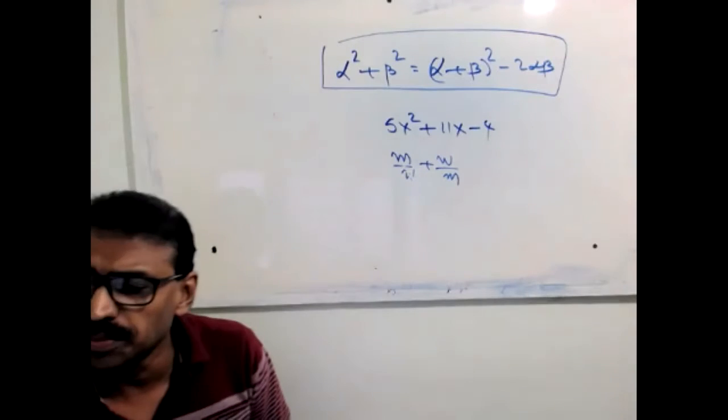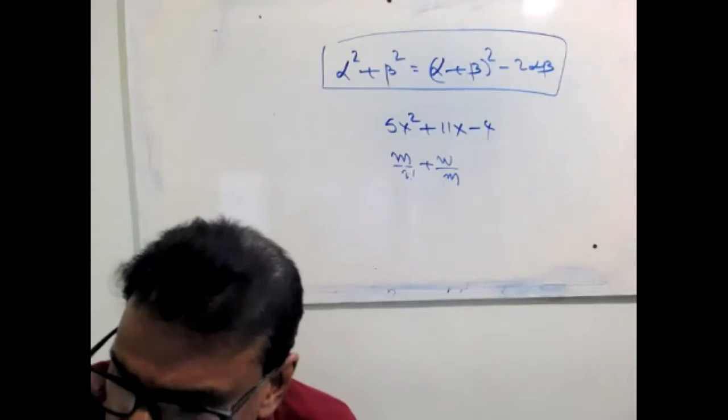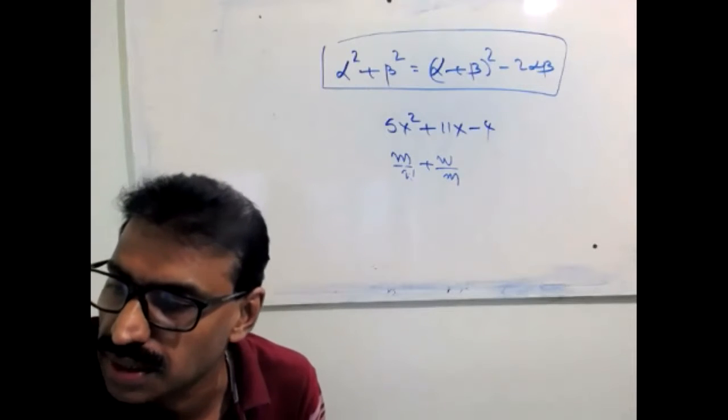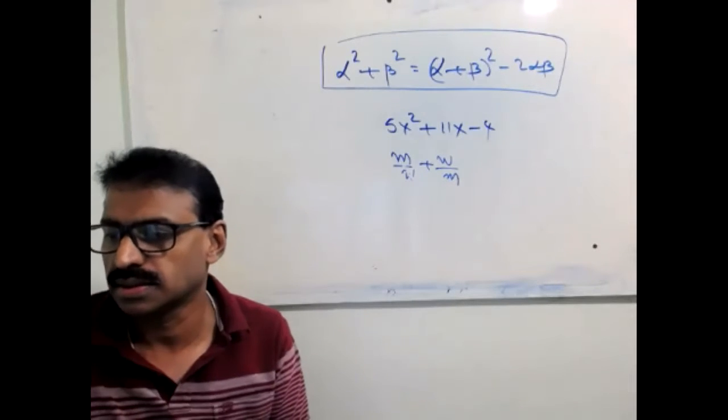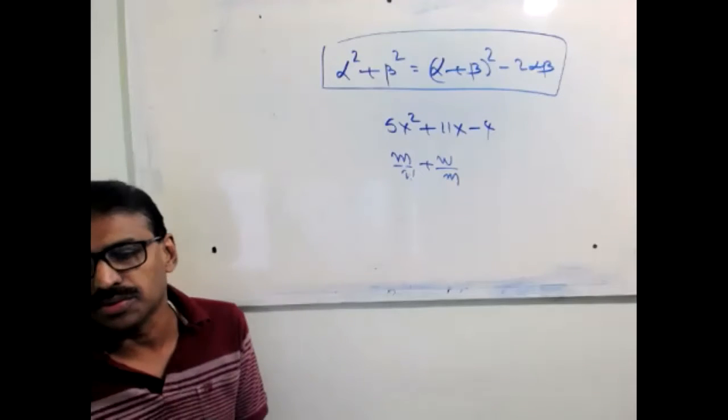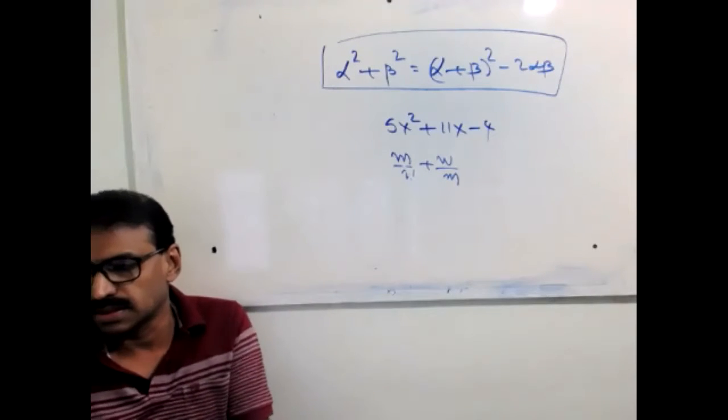Linear combination. Leave it, it's coming. This is coming in the test, I'm sure about that. We'll do that later, in one class. I have to do more questions. If you go for that, the entire revision will be lost. I will do it after this test.